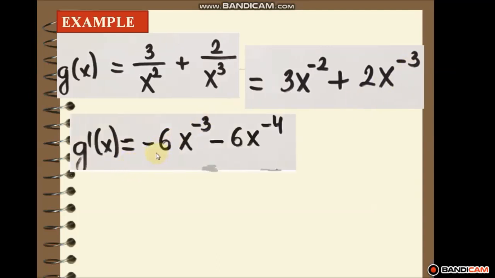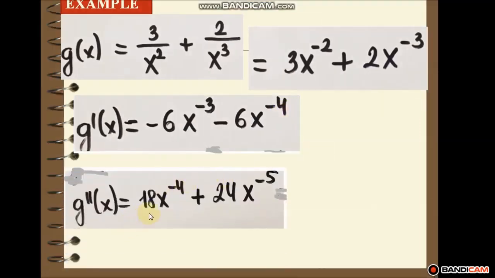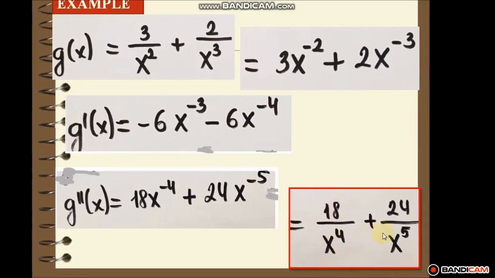This will be minus 6x to the power of minus 3 minus 6x to the power of minus 4. And the second derivative is 18x to the power of minus 4 plus 24x to the power of minus 5. If we write x to the power of minus 4 and x to the power of minus 5 in ratio form, our result will be 18 over x to the power of 4 plus 24 over x to the power of 5.